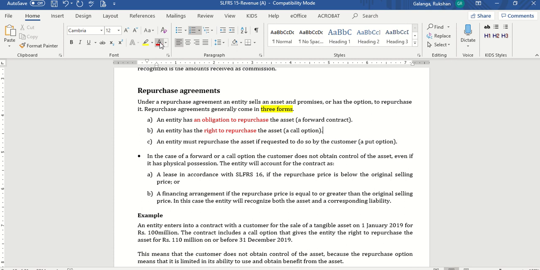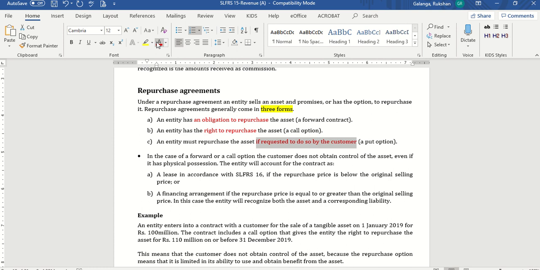Third one, the entity must repurchase the asset if requested to do so by the customer. If the customer requests, you must purchase it back. So you can call it a put option. If he wants, he can put it back to us.